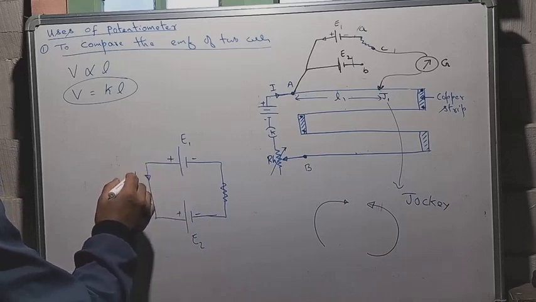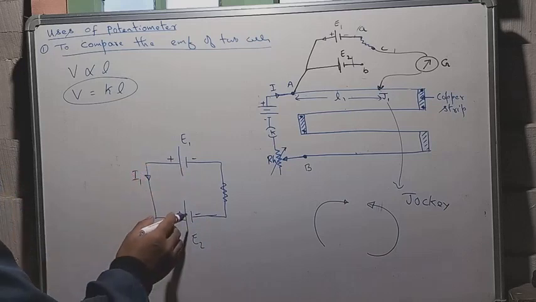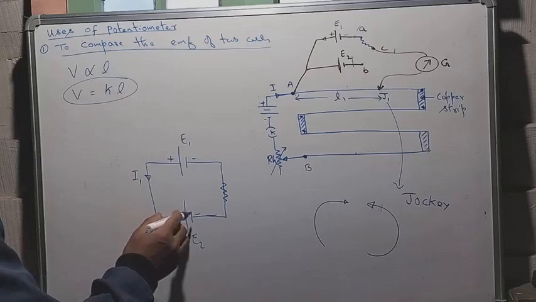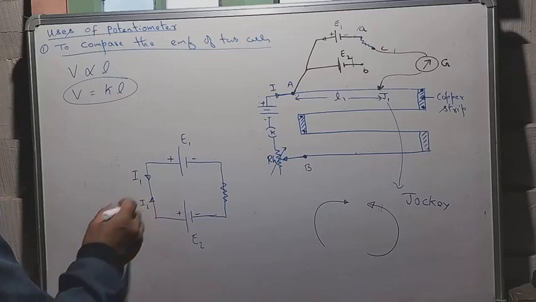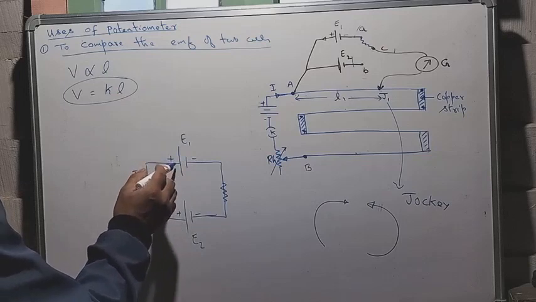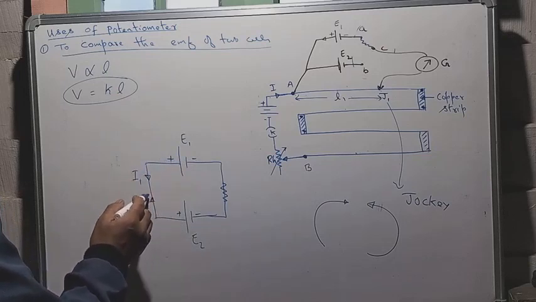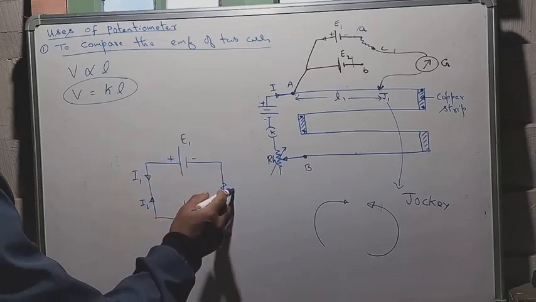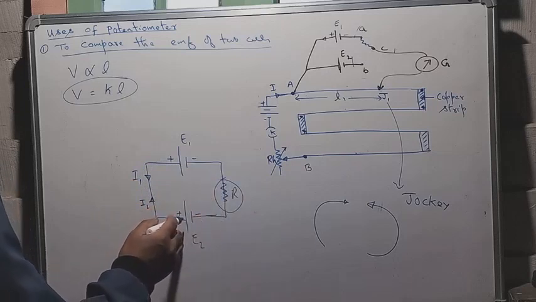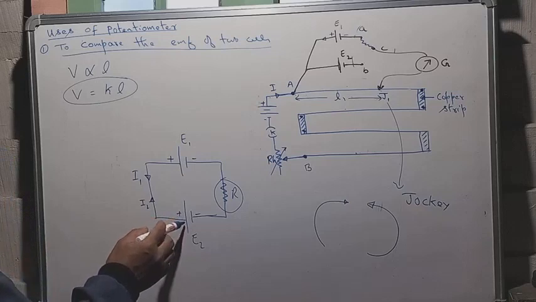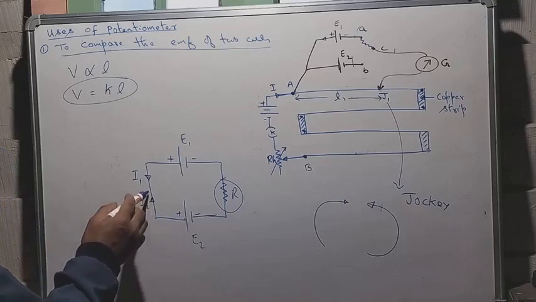Let's say the cell E1 is giving out a current I1, and the cell E2 is giving out a current I2. Now if you consider the first cell E1, then this current has to flow like this, and it will pass through this external resistance. Similarly, this current I2 has to pass through the circuit in this way.